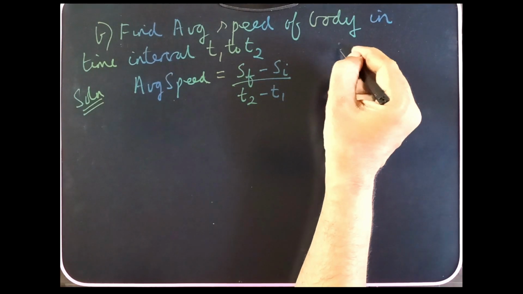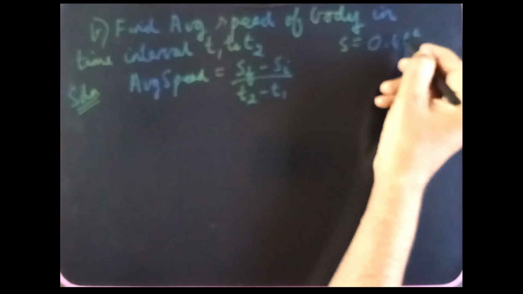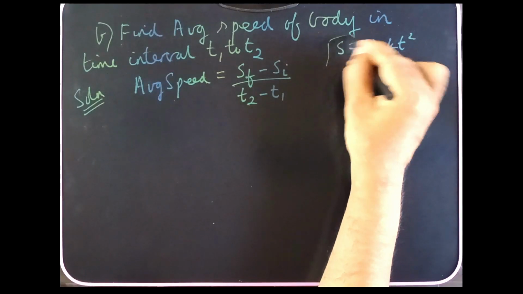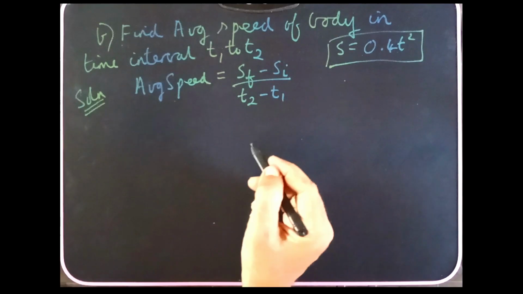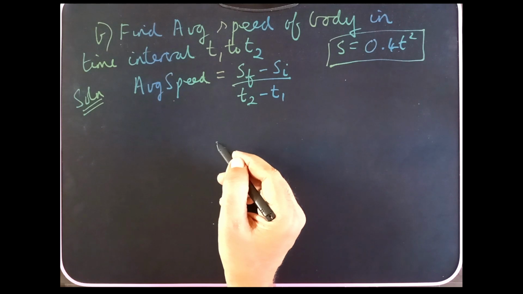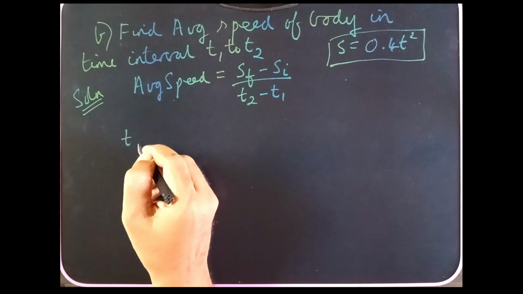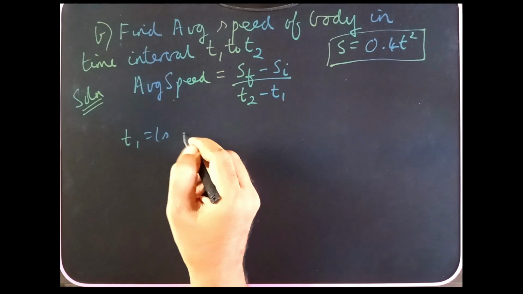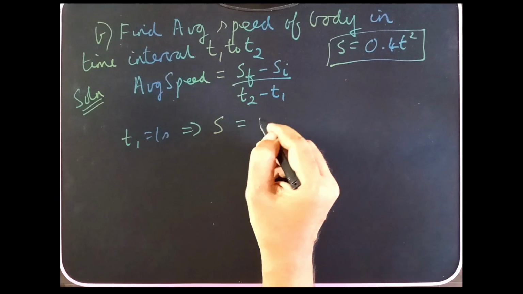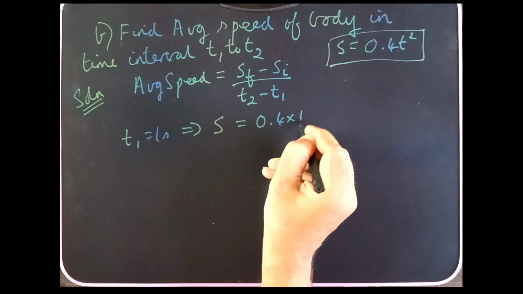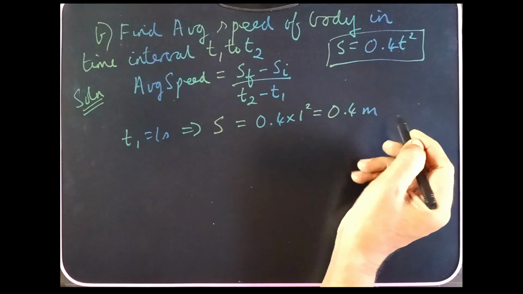We have been given the formula as s is equal to 0.4 t square. So this will give you the final and the initial distance as well. So for t1 is equal to 1 second, what will be the distance? It will become equal to 0.4 into 1 square. This will become equal to 0.4 meters.